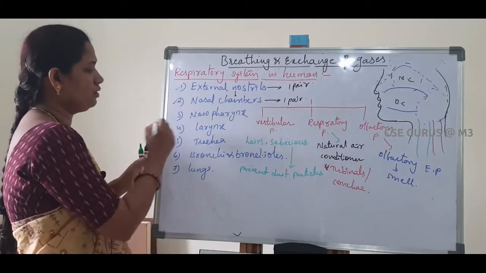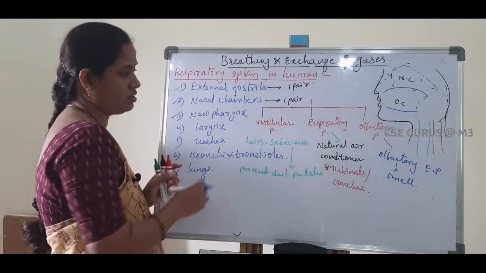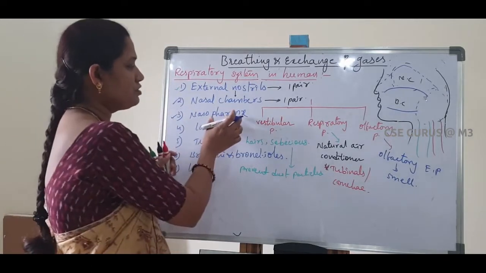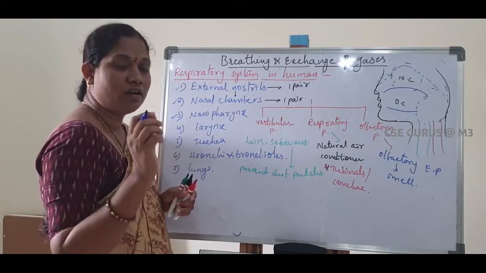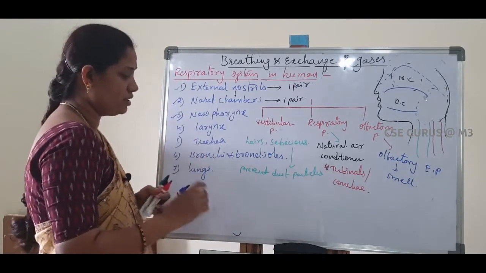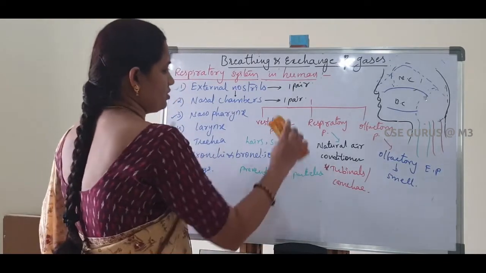Next, nasopharynx. Nasopharynx is a part of the pharynx. The pharynx is a common passage for air and food. Pharynx can be divided into 3 regions.